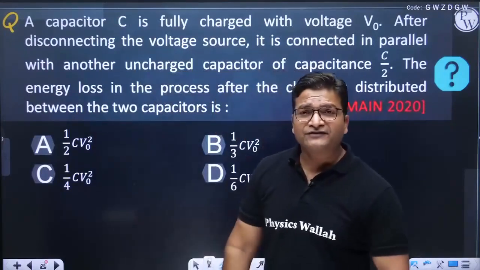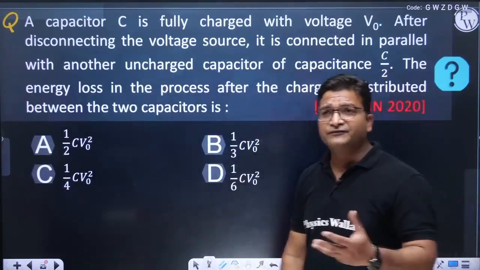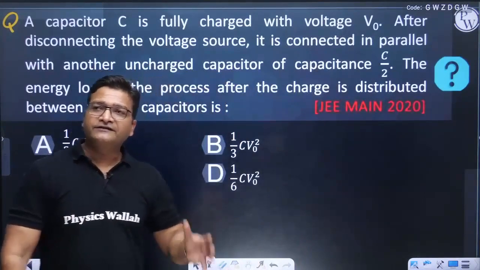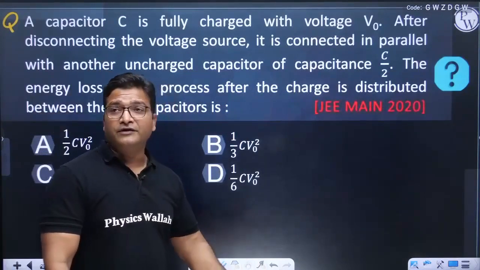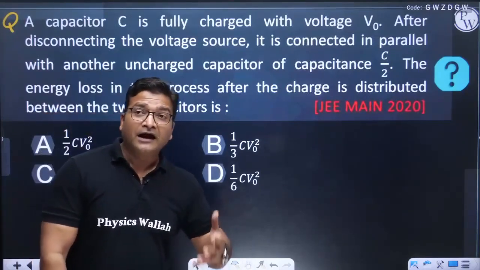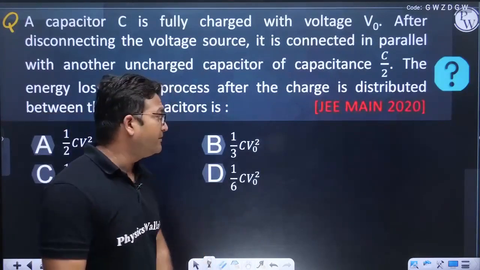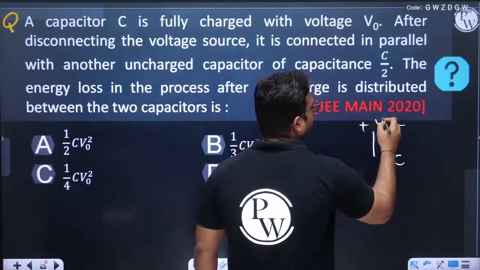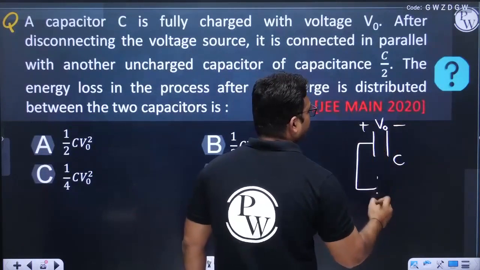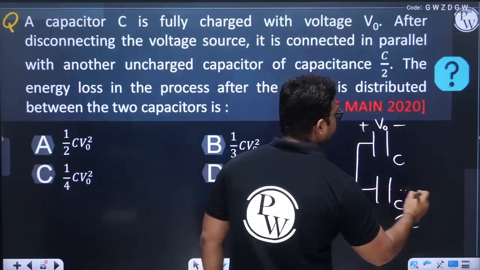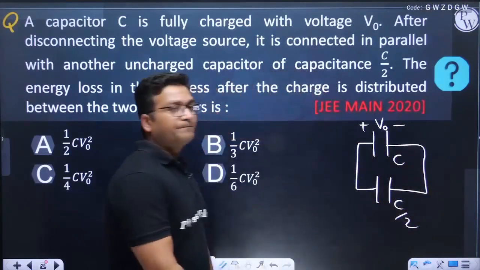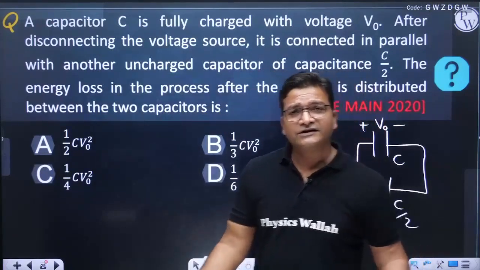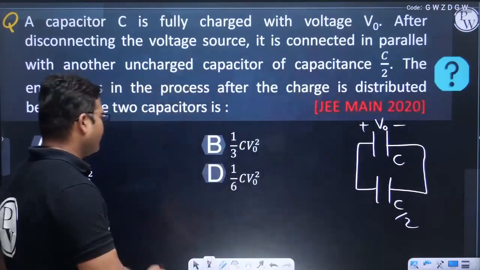Here we see a capacitor is fully charged with voltage V0. After disconnecting the voltage source, it is connected in parallel with another uncharged capacitor of capacitance C by 2. So we have a capacitor C charged to potential V0 and it is connected to another capacitor C by 2. Now they are asking, what is the energy loss? We have the formula.